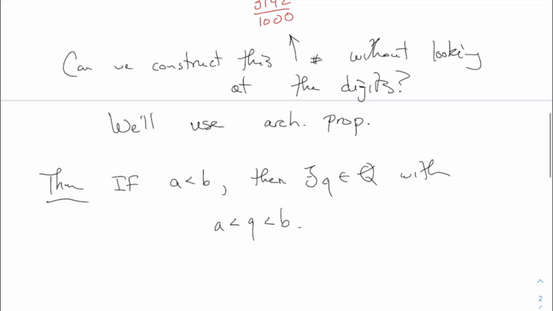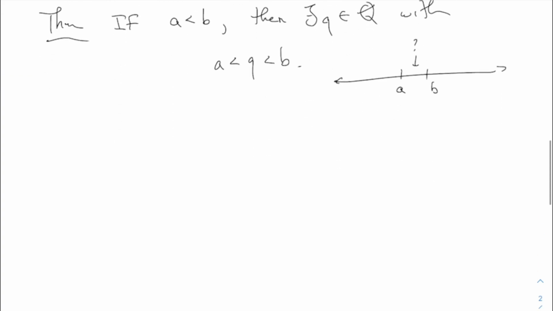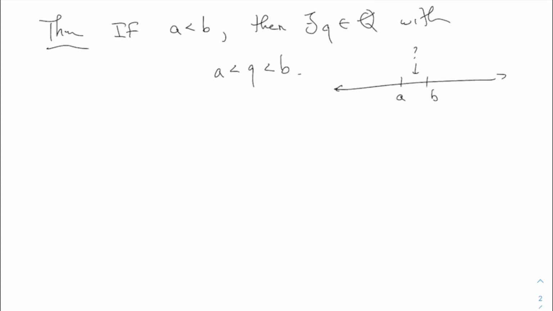And my number line, I think of it like this, and it has the a here and the b here, and we are trying to find some fraction in between. Since I don't know what the decimal digits are, you can't exactly do that same trick that she suggested, but we do something with the Archimedean property, all right?